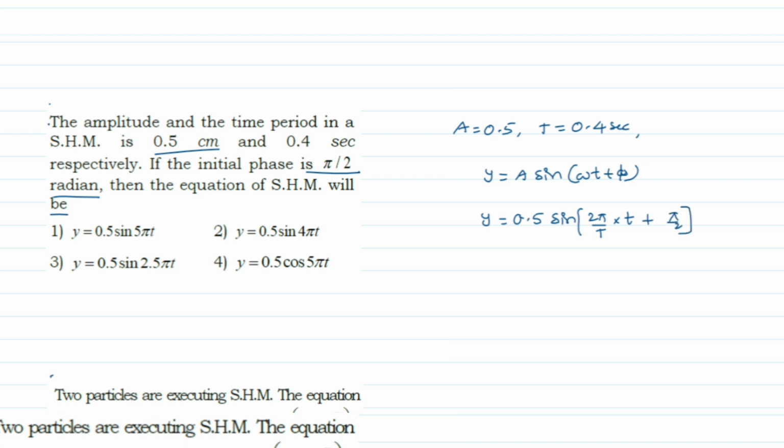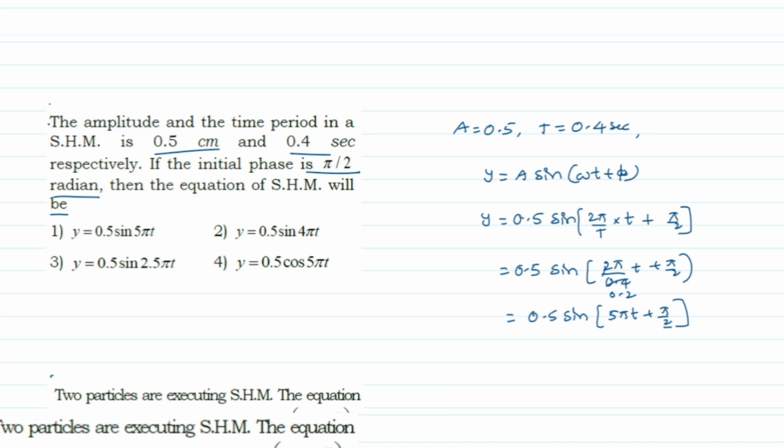The time period is given as 0.4 second. Substituting this value, 2 pi by 0.4 into t plus pi by 2. Here 2 by 0.4 is 5, so you can write it as 0.5 into sin(5 pi t plus pi by 2).